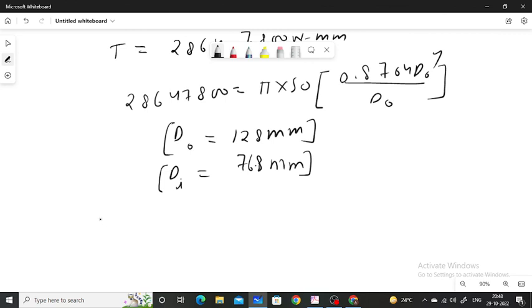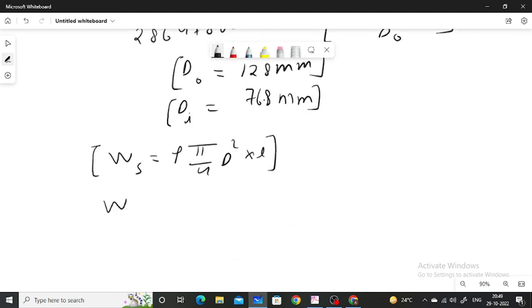Now the weight of the solid shaft will be equal to density into pi by 4 d square into L, and the weight of the hollow circular shaft W_H will be equal to density into pi by 4 (d outer square minus d inner square) into length.